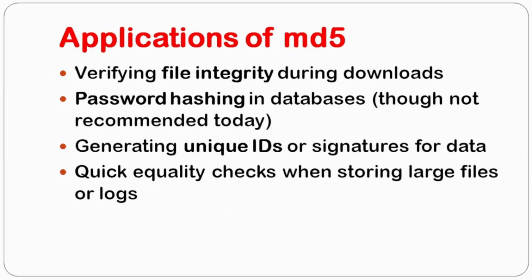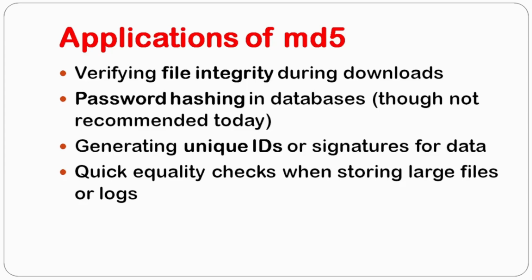Now, what are the different applications of MD5? MD5 is mainly used for verifying file integrity during the download process. It is also used for password hashing in databases, generating unique IDs or signatures for data, and as a quick equality check when storing large files or logs.